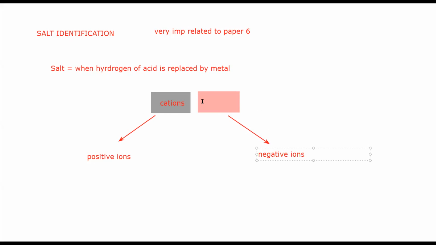With reference to that movement, they are known as anions. So a salt is an ionic compound which contains positive and negative ions.